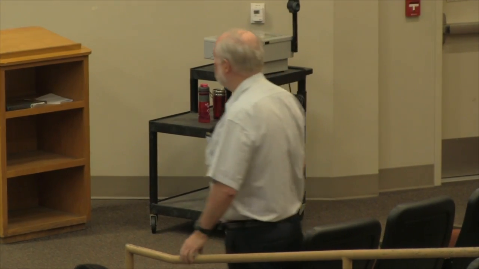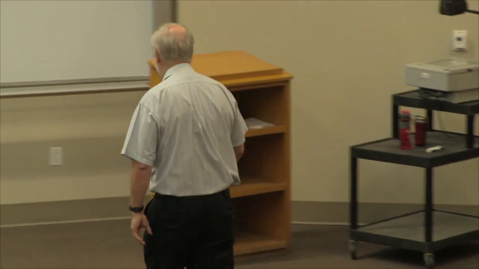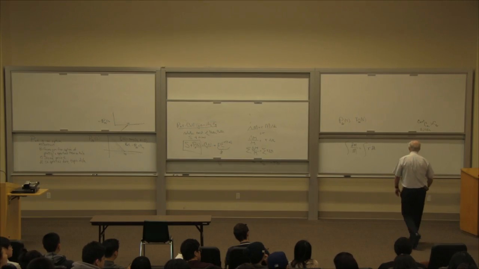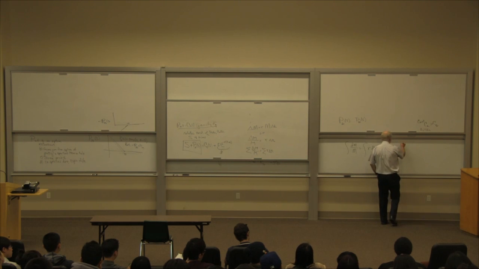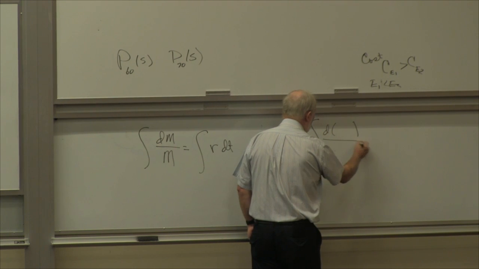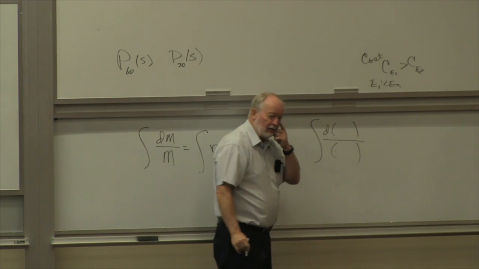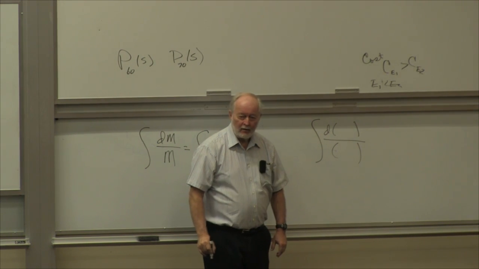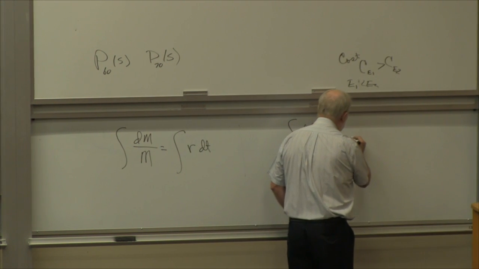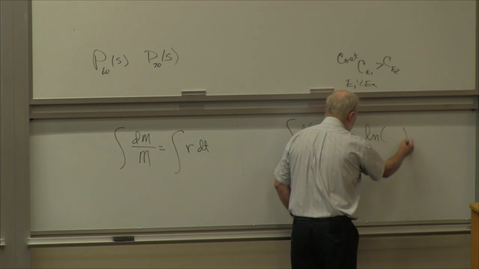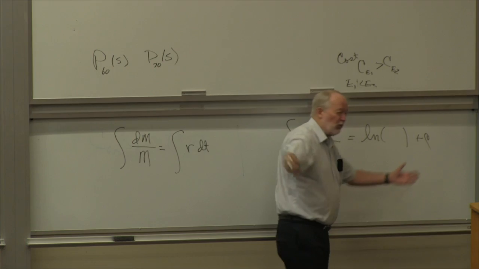Of course, you don't remember how to integrate that. So let me remind you how to integrate this. The integral of d anything over anything is equal to the log of that anything plus c, otherwise you lose 2 points.